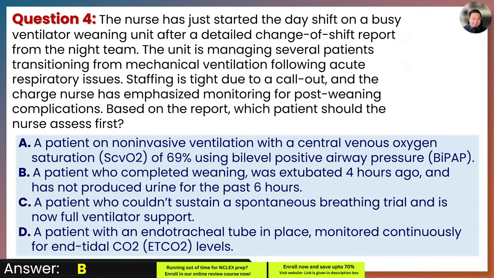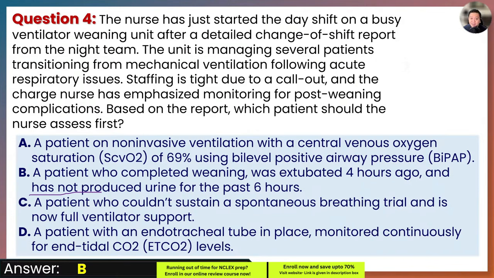After extubation, patients are vulnerable to airway swelling, fatigue or cardiovascular instability. And the key phrase in option B states that the patient has not produced urine for the past 6 hours. So this signals possible hemodynamic instability, and we know that urine output is a critical indicator of perfusion.